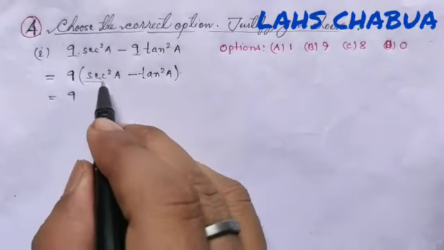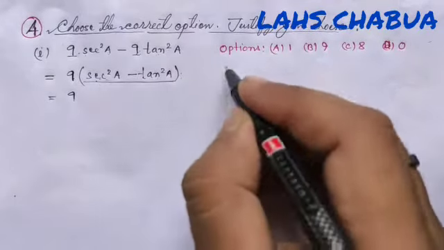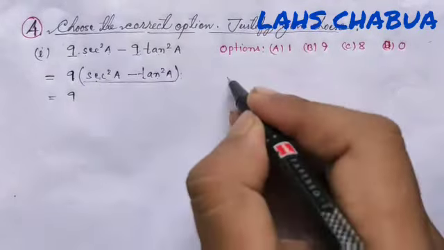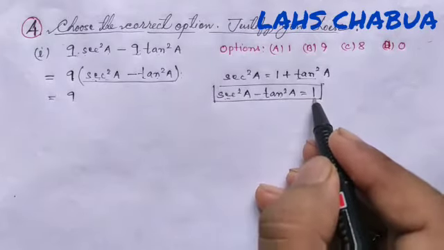The applicable identity for this, as you know, is sec square A equals 1 plus tan square A. So if we transfer the tan ratio to the left hand side, then sec square A minus tan square A is equal to 1. This identity already exists. So in place of sec square A minus tan square A we can write 1.